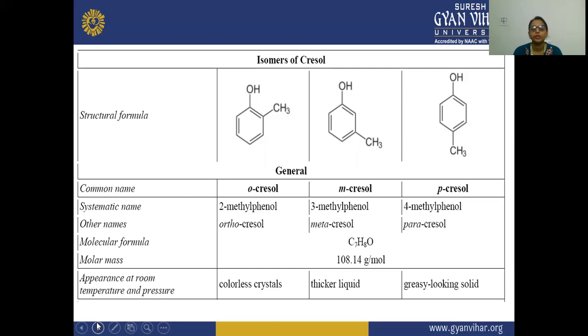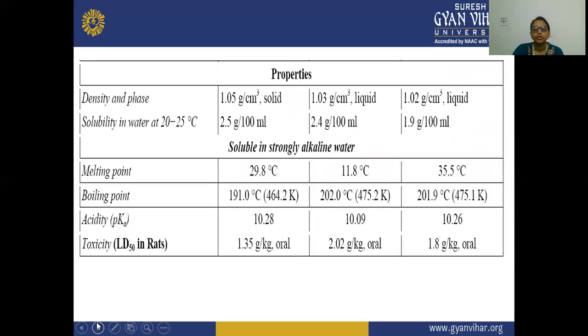At room temperature and pressure, the ortho shows colorless crystals, the meta shows a thicker liquid, and the para shows a greasy looking solid. Next are the properties. So density and phase, solubility in water are a little bit different, and the melting point is also different. The solubility is in strongly alkaline water, and acidity also.